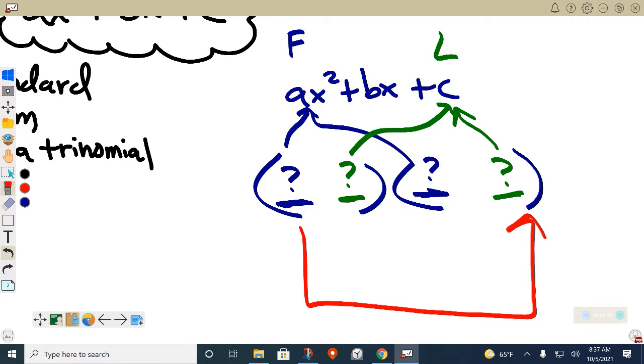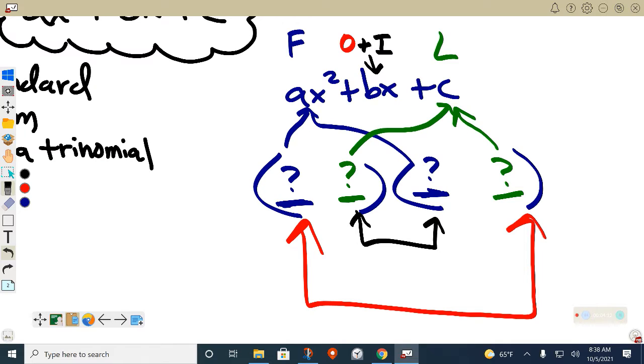The outers plus the inners all will be in red. The inners, I'll put plus I, becomes your bx, your middle term.